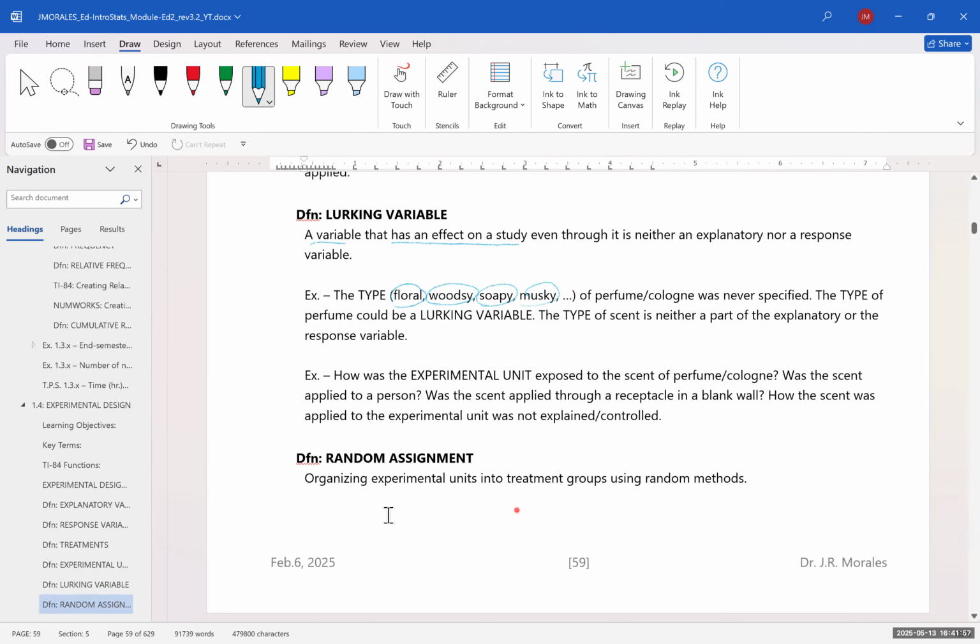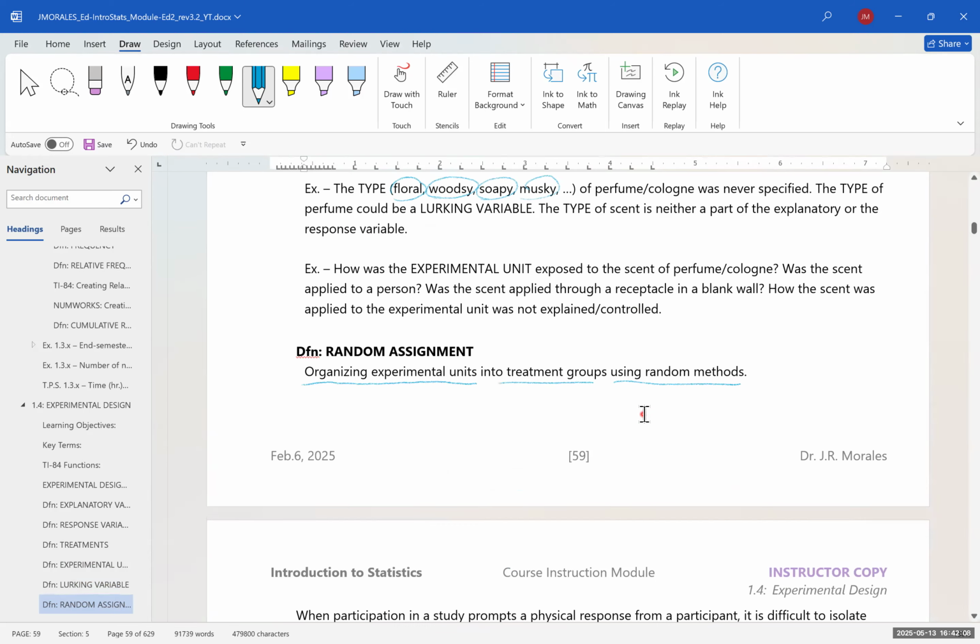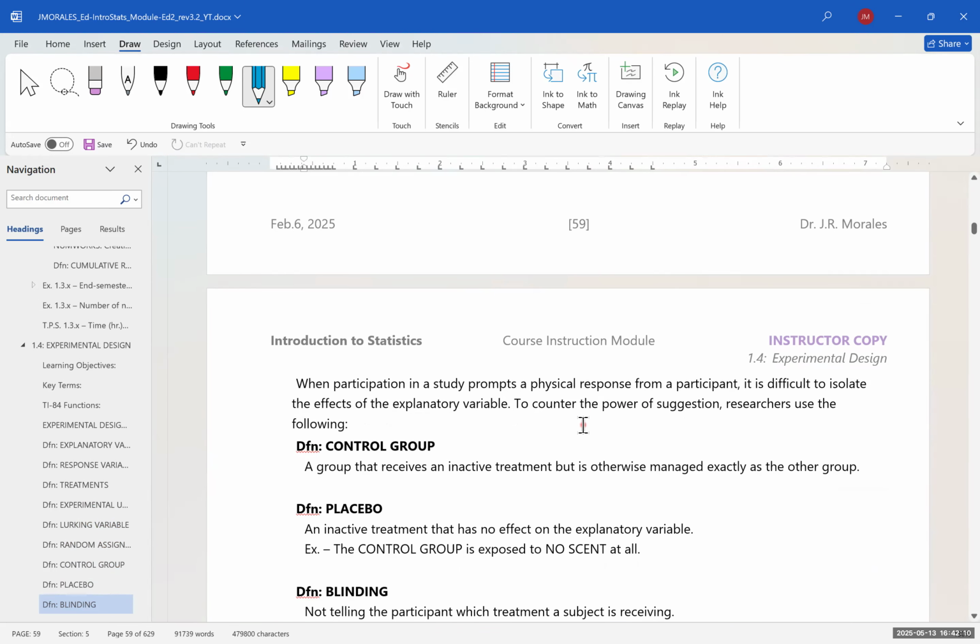Let's see. Next, we've got random assignment. So organizing experimental units into treatment groups using random methods. So when participation in a study prompts a physical response from a participant, it is difficult to isolate the effects of the explanatory variable.